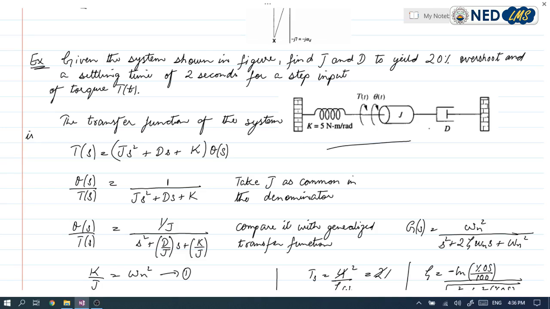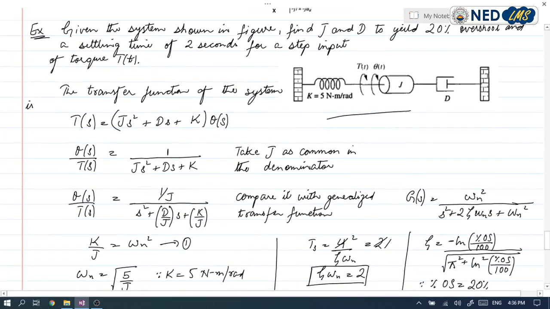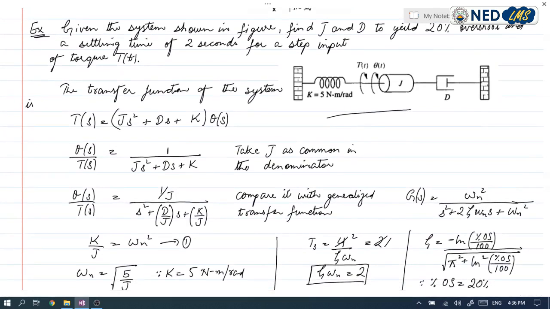So this is a design problem in which we are given two outputs, overshoot and settling time, and from these values we have to find the transfer function of the system. So here we first apply the torque equation. You know how to develop this equation, and then we find the transfer function here.